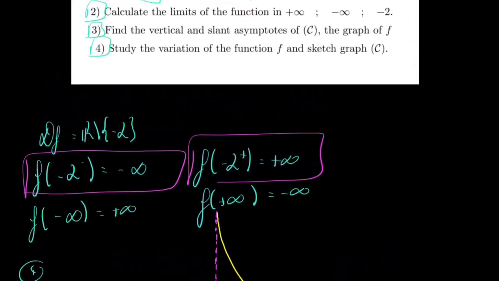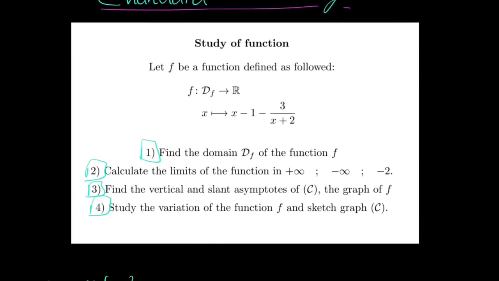And we can see that when we have the function f on this form, we have here the equation of a straight line, and here something that will go to 0 in plus or minus the infinity.